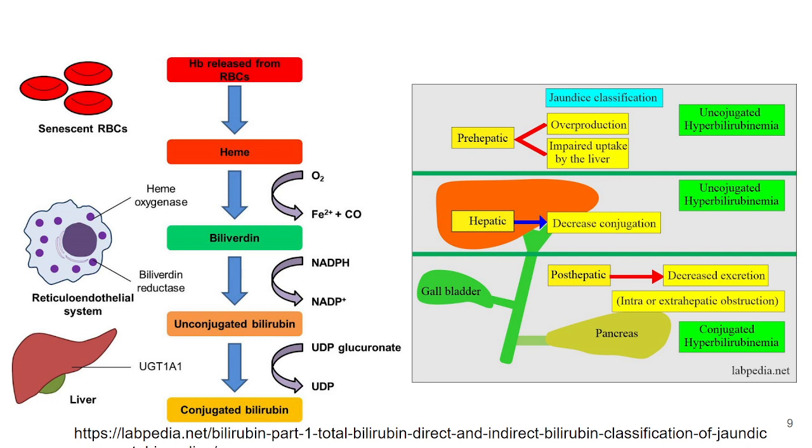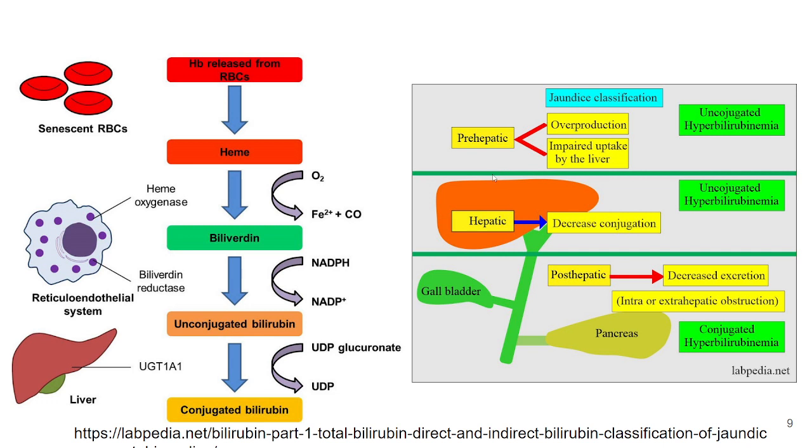Anyway, whenever there is a rise in unconjugated bilirubin, that suggests either there is an overproduction of unconjugated bilirubin, as in hemolysis where the RBCs are destroyed more rapidly than usual, or the capacity of the liver to convert unconjugated to conjugated is reduced, so there will be accumulation, a backlog of unconjugated bilirubin.